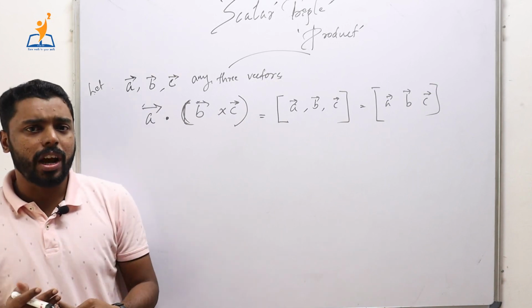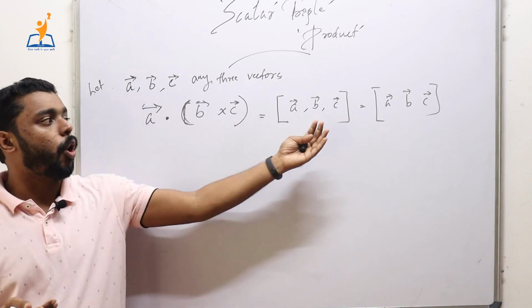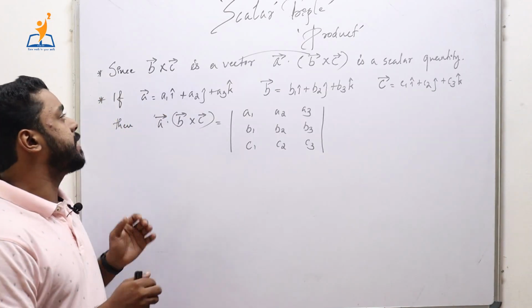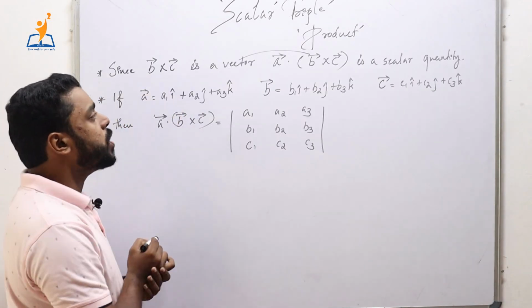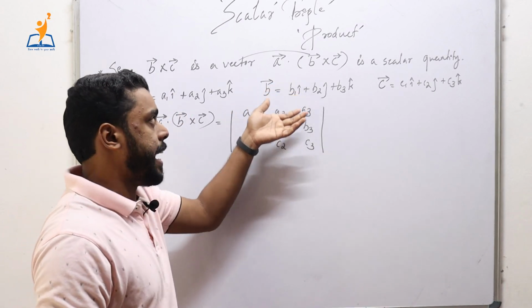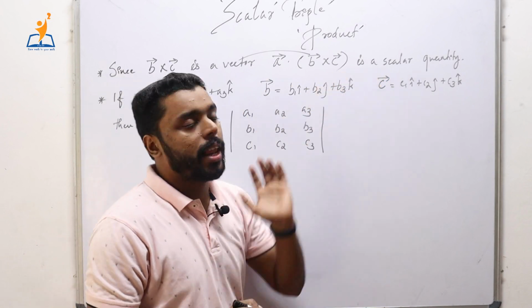Now we shall examine some of the properties of the scalar triple product. First property is that since B cross C is a vector, the scalar triple product, which is A dot B cross C, is a scalar quantity.